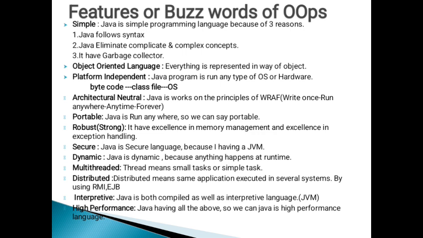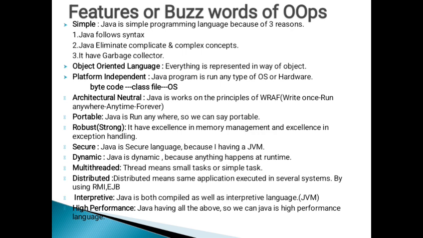Robust means that if we call any programming language robust, it has excellence in memory management and also exception handling. Java is excellent in memory management as well as exception handling, with the help of garbage collection and dynamic memory management.